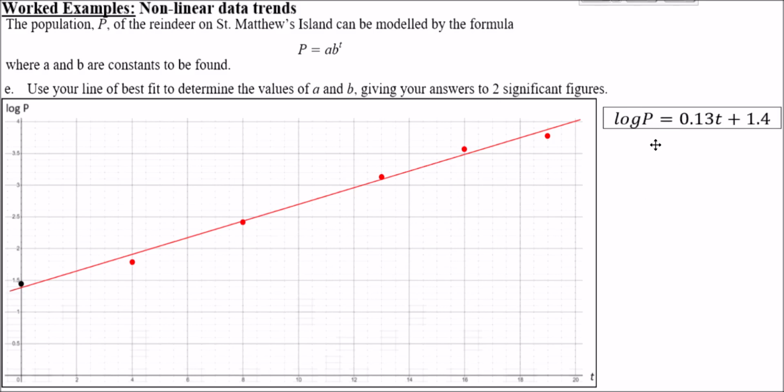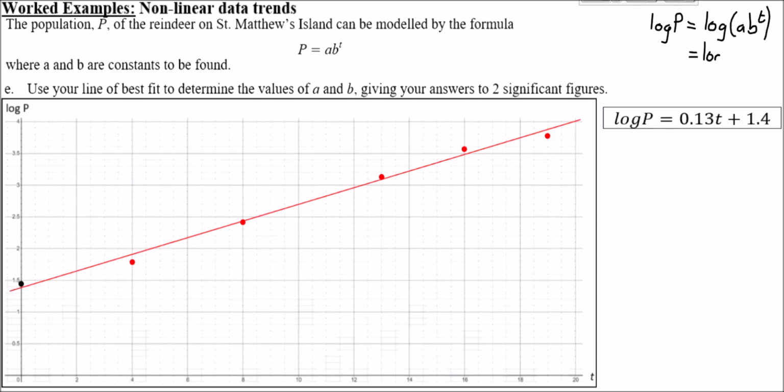So again, just going back to what I said about case 1 and case 2 when we changed to modelling exponentially. So if I were to just take this P equals A, B to the T and take logs of both sides, we get log P equals log of A, B to the T. That can now be partitioned into two separate logs.